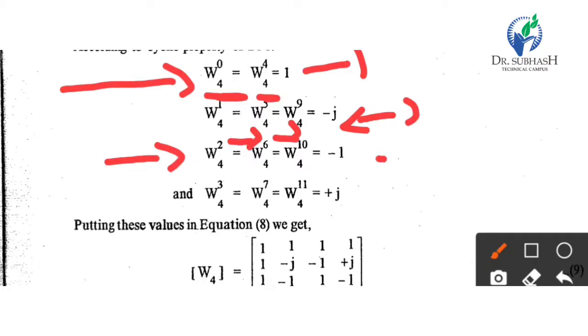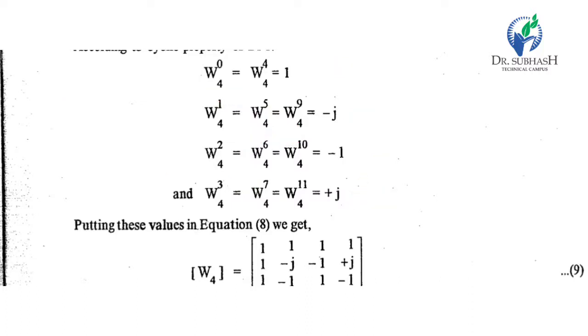Similarly W4 raised to 3. If it is a 2-point DFT or 6-point DFT, then after 2 or 6 values the cyclic property will be applicable. Here it is 4, so it is applicable after 4 values. So W4 raised to 3 equal to W4 raised to 7, similarly W4 raised to 11 equal to plus j.